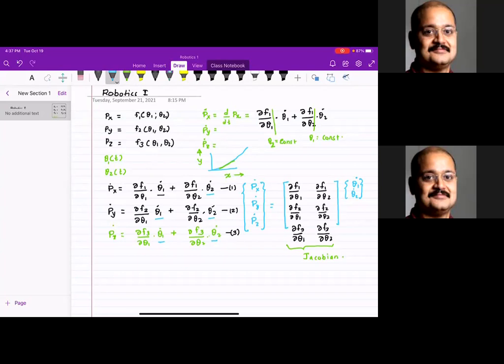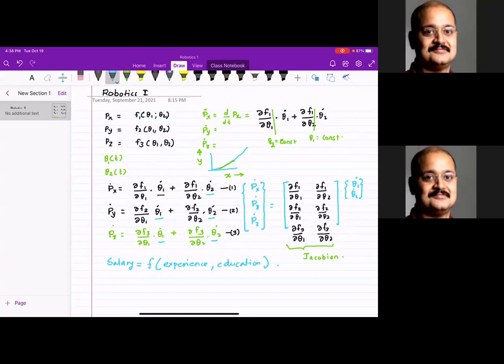Let me see. Okay, say salary. Salary is a function of experience and education. Do you agree with me?